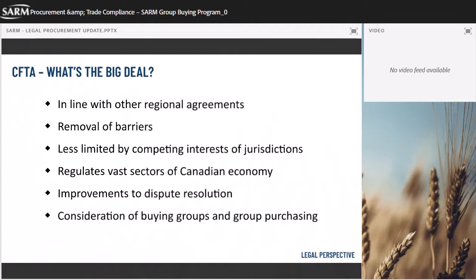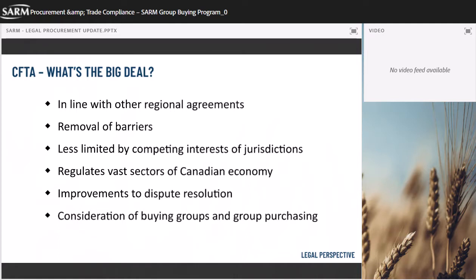Now, as I mentioned, the Agreement on Internal Trade had a lot of problems, one of which was that it didn't regulate vast sectors of the Canadian economy. So there's been an expansion to that within the CFTA. Also, there's more agreement on the goals from the parties, right? There's been more commitment from the jurisdictions in enforcing this legislation.